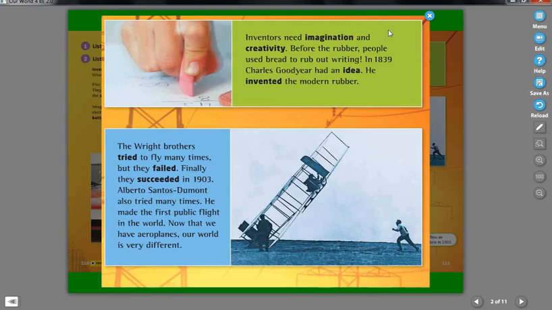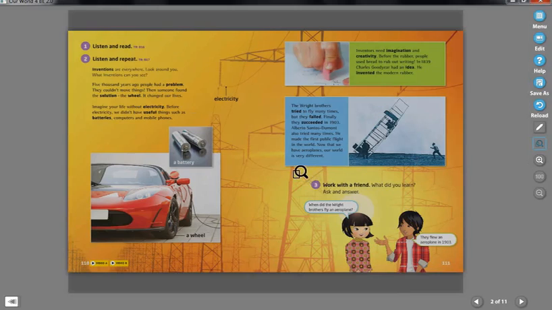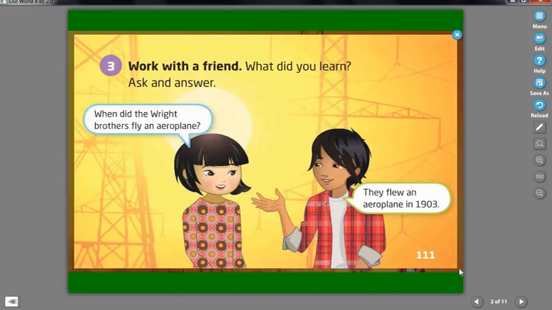Alright, now let's look at this part here. Part 3, work with a friend. What did you learn? Yes, ask and answer. When did the Wright brothers fly an aeroplane? They flew an aeroplane in 1903. So you can ask questions to each other like this, okay?